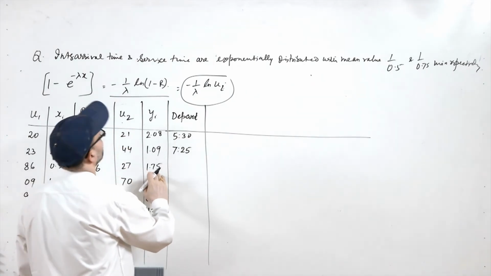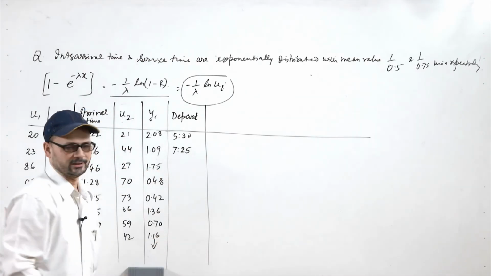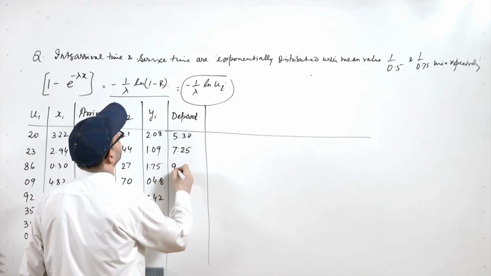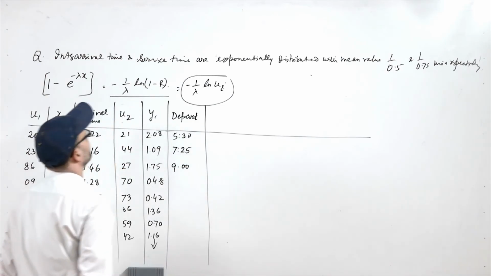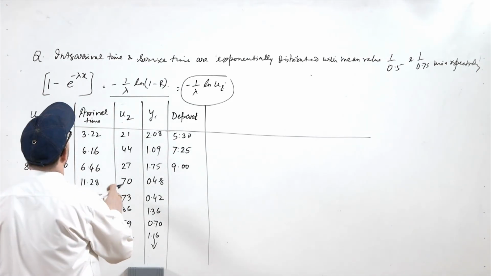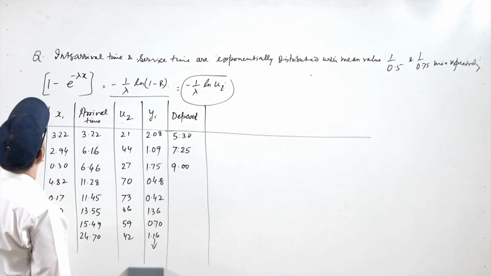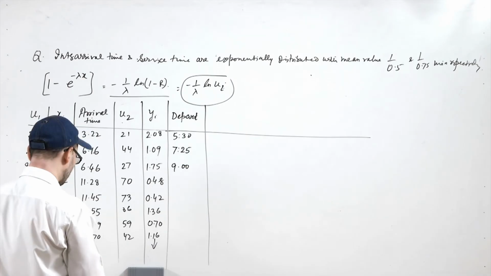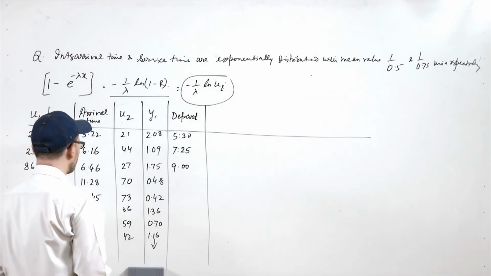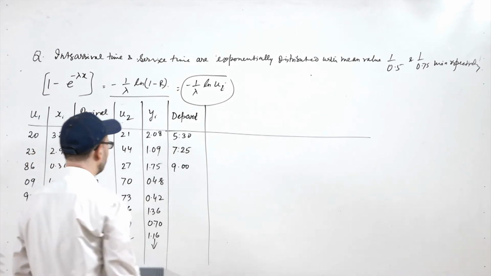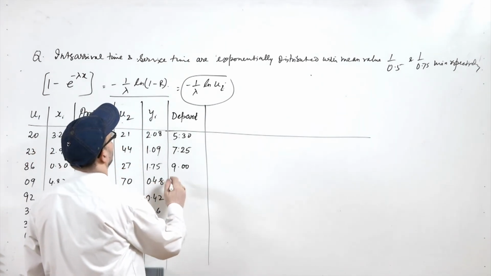So, 7.25 plus 1.75 will be 9. Further, then from 9, the next customer is coming at 11.28, and service time is 0.48.